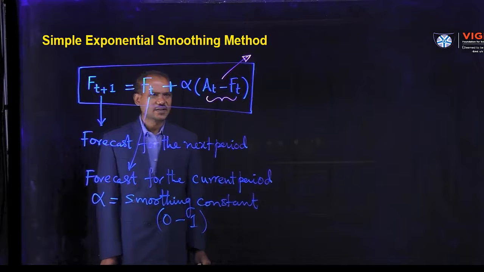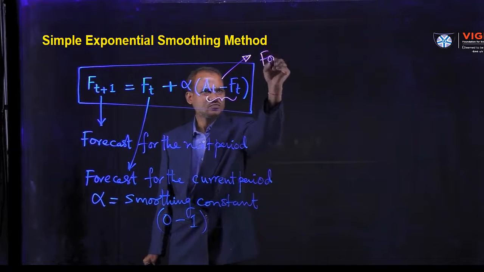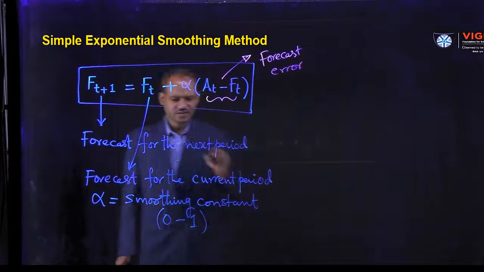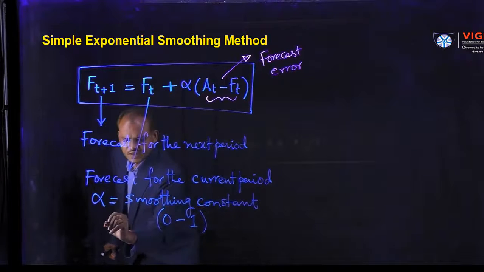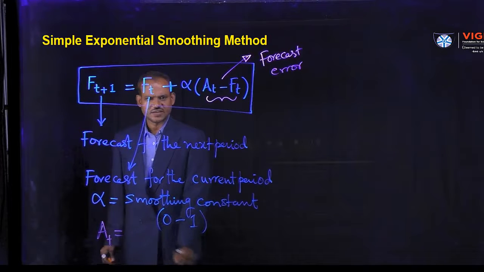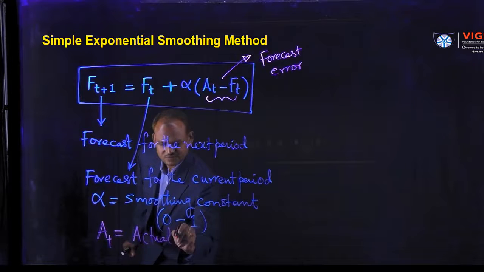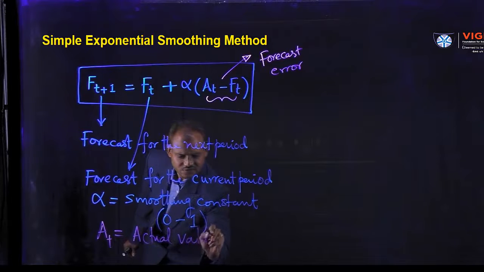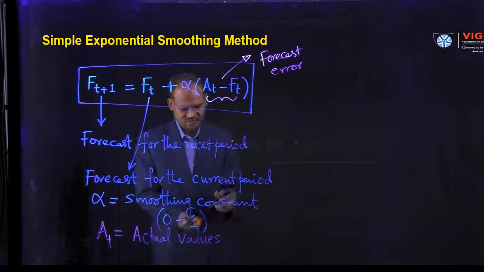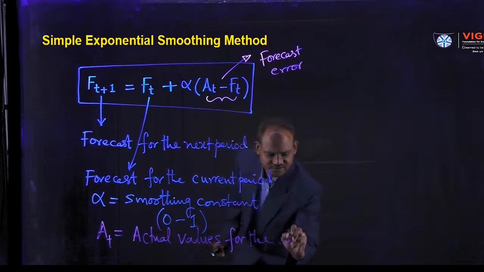Here At minus Ft is nothing but the forecast error. Where A, known as At, is nothing but the actual values for the current period.